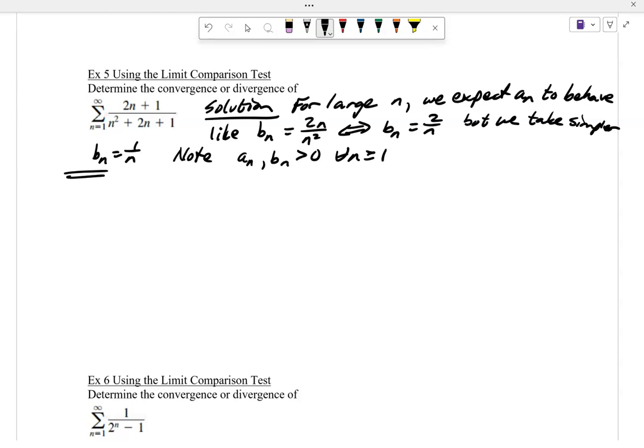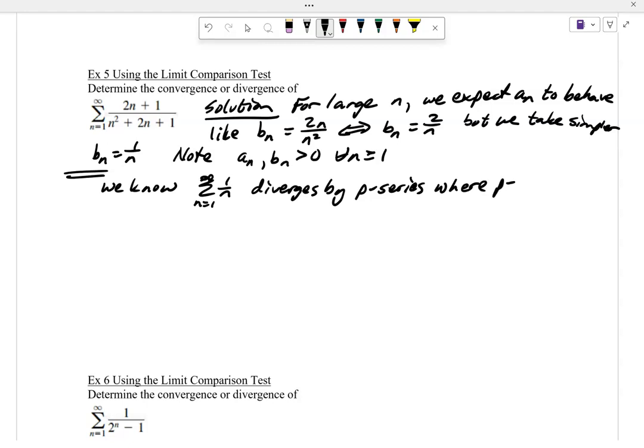So let's go ahead and we know 1 over n diverges by the p-series where p equals 1. Remember, if p is less than or equal to 1 and greater than 0, then it'll diverge by the p-series.